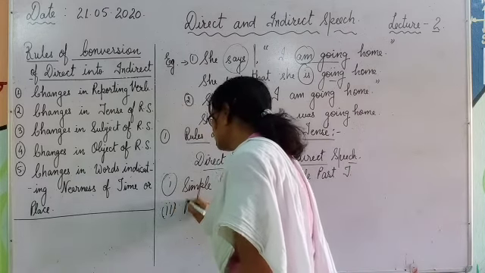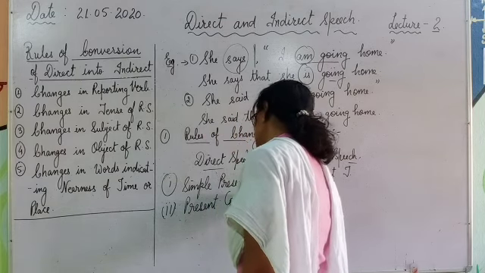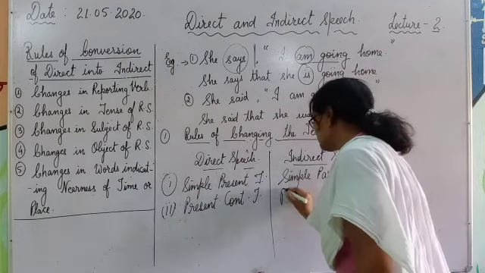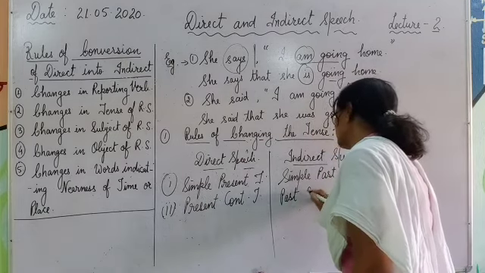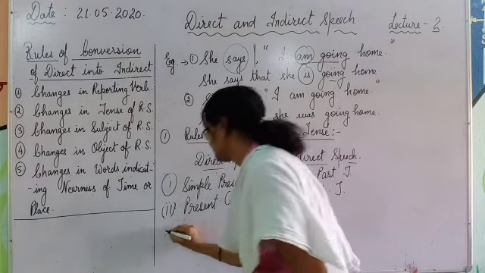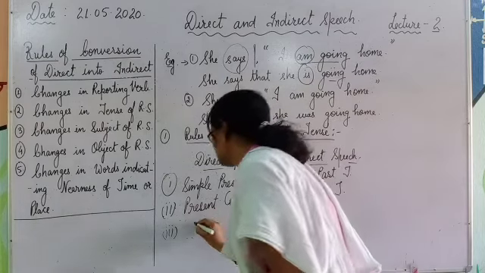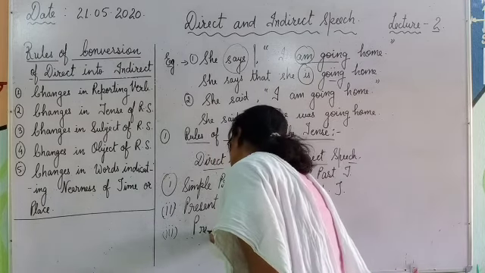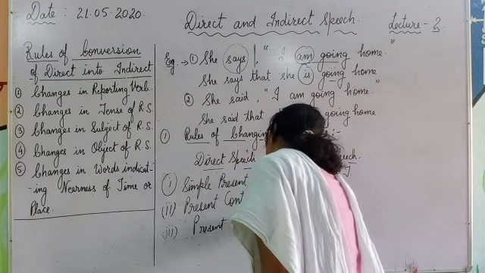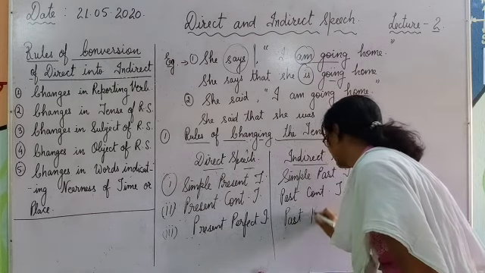Second, present continuous. If the reported speech contains present continuous tense, it will be changed into past continuous tense in the indirect speech. Third, the present perfect tense. If the reported speech is in the present perfect tense, it will be changed into past perfect tense.